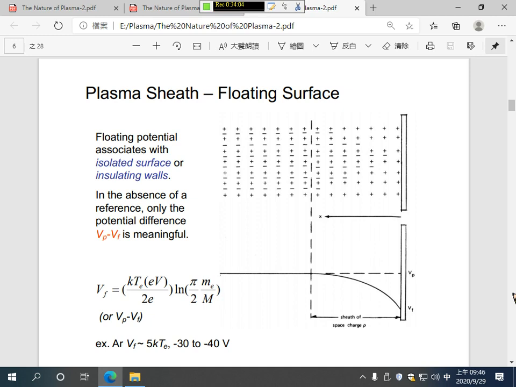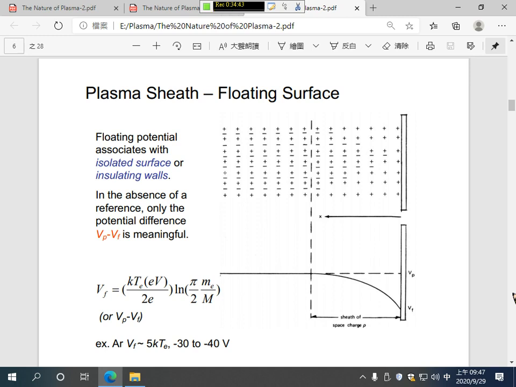So again, the surface of the plastic will be collided by electrons and ions. At the beginning, the plasma is uniform, so the density of electrons and ions are equal inside the plasma. But the velocity of electrons is much larger than the velocity of ions.